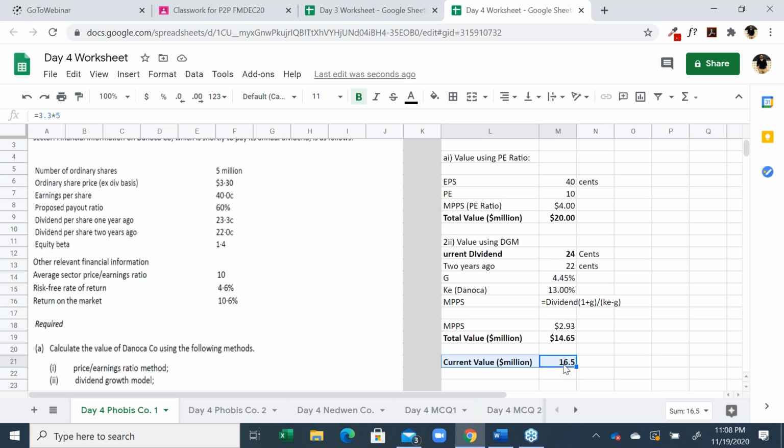Do you people have an answer to this question? Why has the dividend growth model predicted a lower value for this company than its market value?